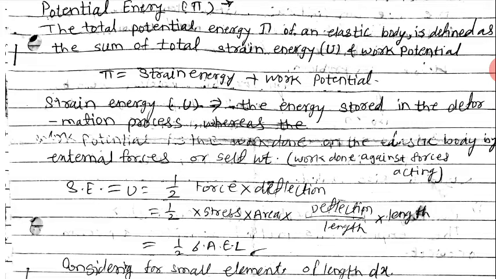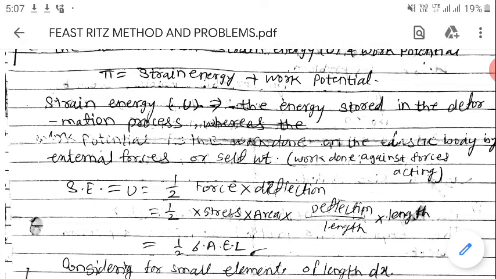Okay, so now we know that strain energy U is equal to half of force into deflection, and we can also define the force as stress into area, and we can do the multiplication and division of length to simplify the equation.